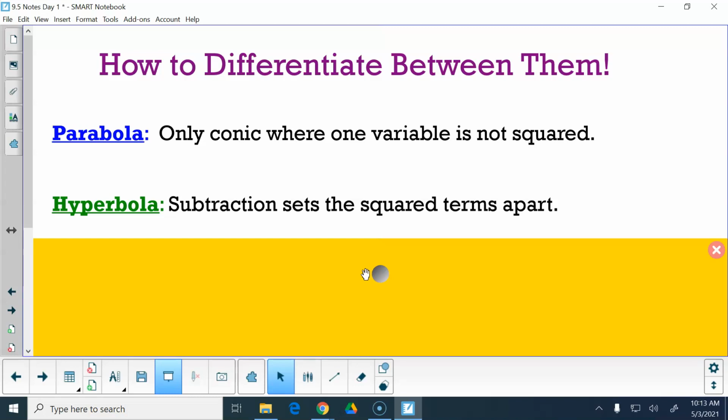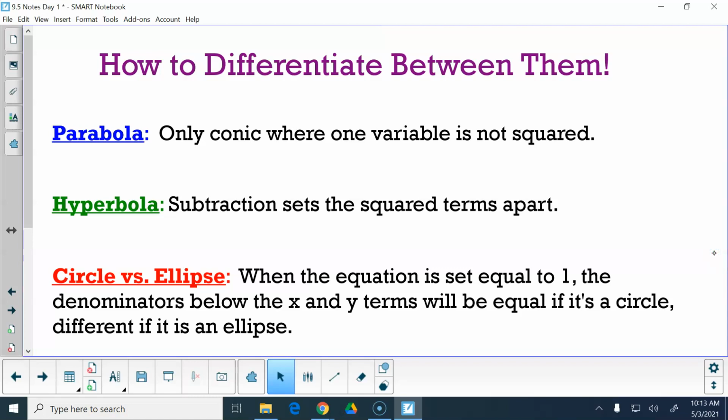Then that leaves circles and ellipsi, and you have to compare them. We get the equation equal to 1, with the denominators below the squared terms, because we have to divide by something, since it's not always going to be equal to 1. If the denominators below the squared terms are equal, it's a circle.